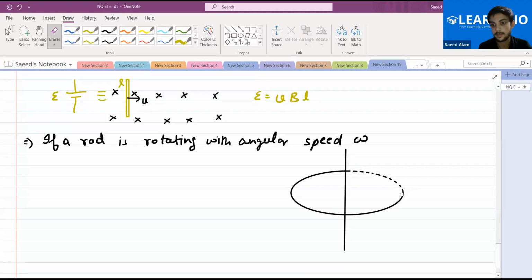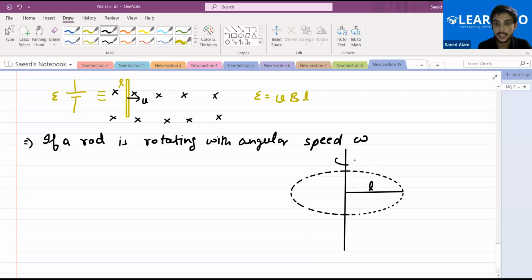I'm just doing it with a dashed line. Okay, so there is a rod of length L that we have taken here.